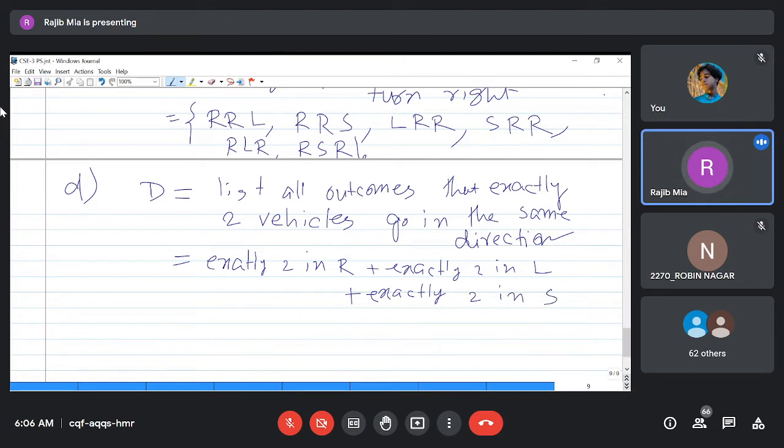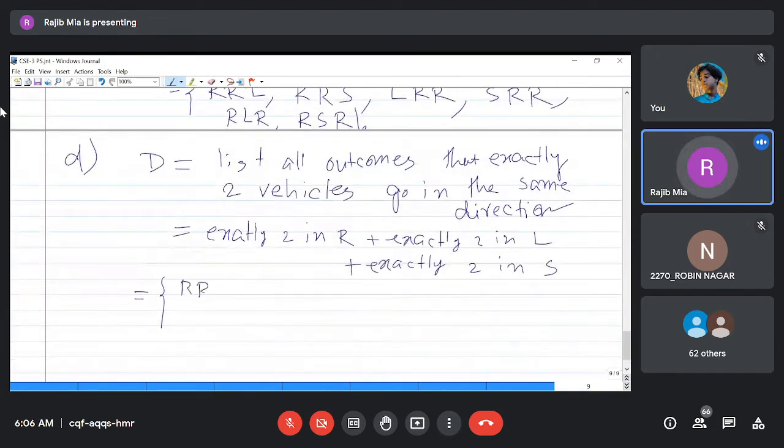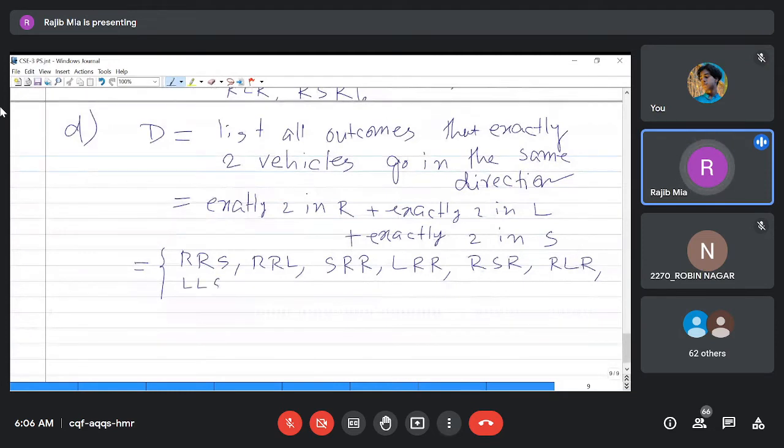For these three possibilities, you can list the set of all outcomes. For R, we have already seen exactly 2 in right: RRS, RRL, SRR, LRR, RSR, and RLR. Similarly, exactly 2 in left: LLS, LLR, SLL, RLL, LSL, and LRL.